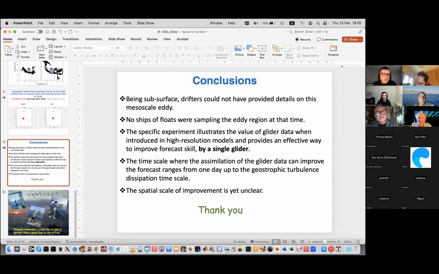Recently we had a study in the EuroSea project, a European project, in which we did some experiments to assimilate glider observations, but they are mostly accumulated in the Western basin. So I was wondering if there's a chance to access the data of gliders in the eastern part of the Mediterranean Sea. Can you guide me a little bit on that?